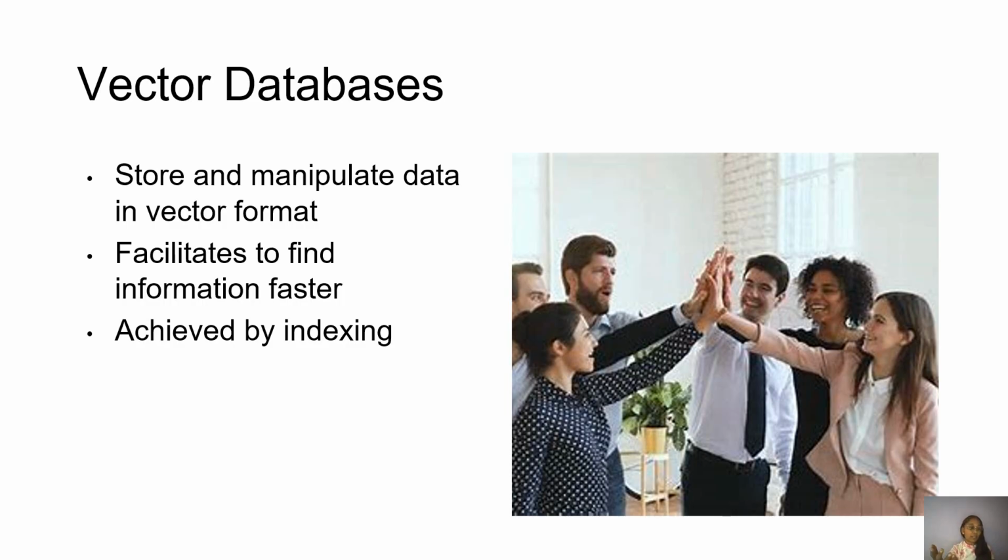In the vector database, this similarity is determined by a measure, like how we measure distances between two places. And in the case of vector databases, indexing works by comparing and grouping similar vectors together.